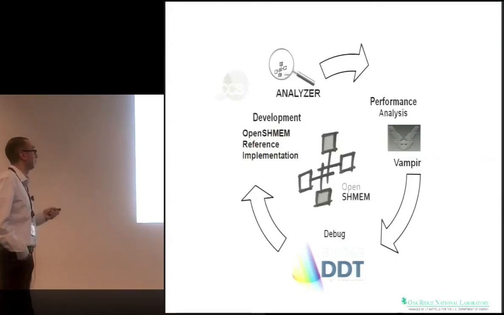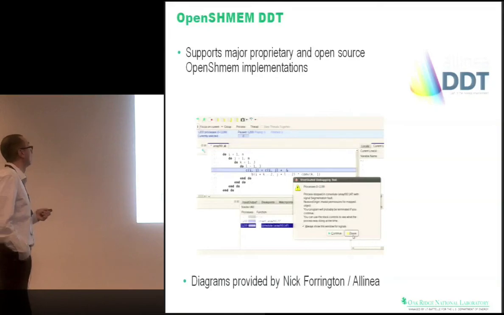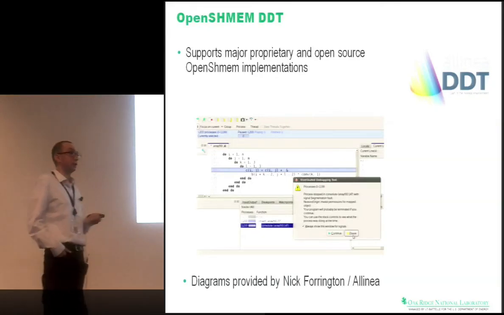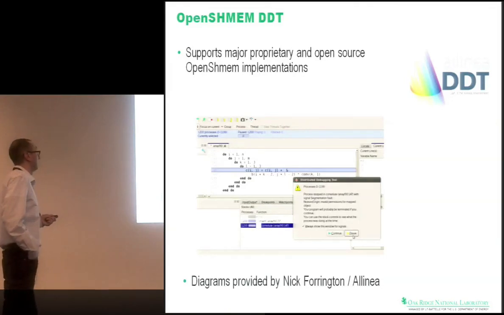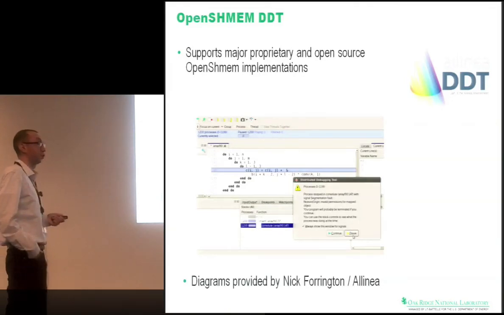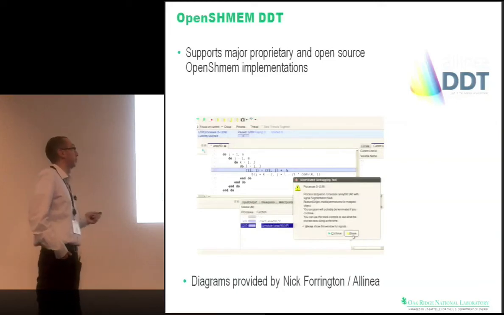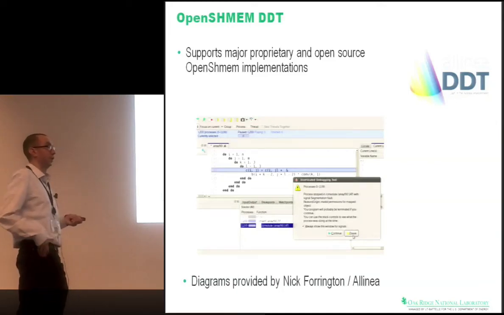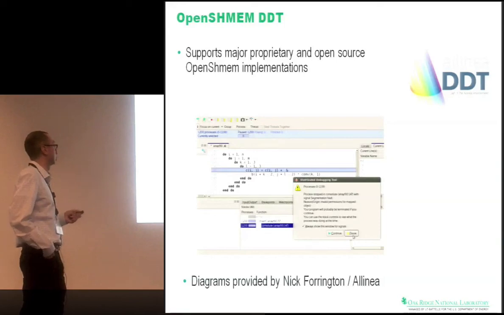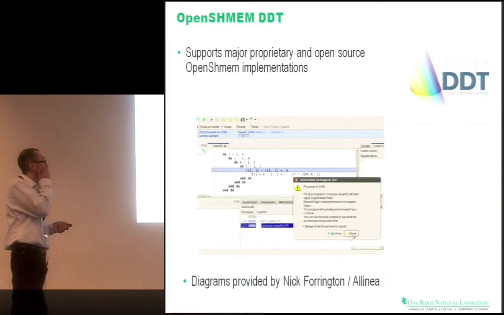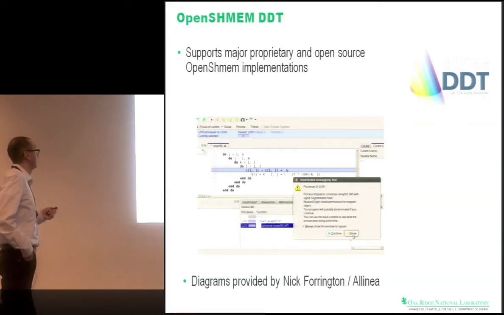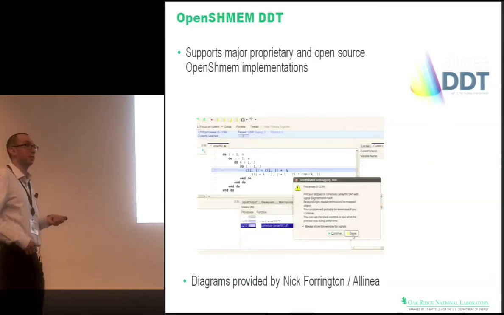DDT. So DDT essentially is a very convenient parallel debugger. It supports OpenSHMEM. Virtually, it supports all proprietary implementations and most open source implementations. Essentially, it's like any debugger, but parallel.